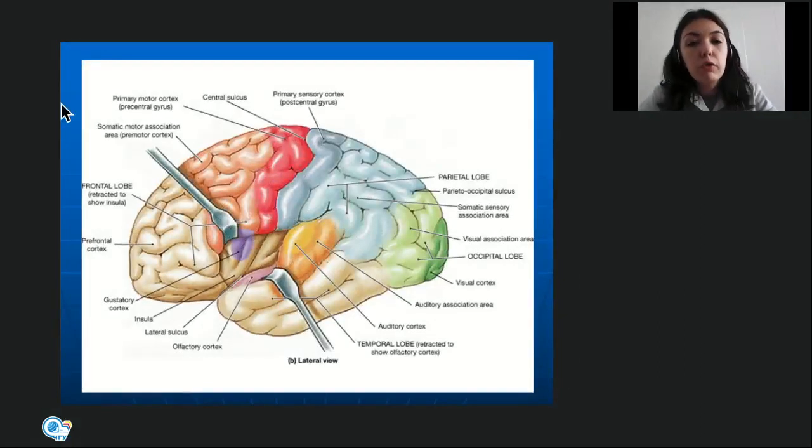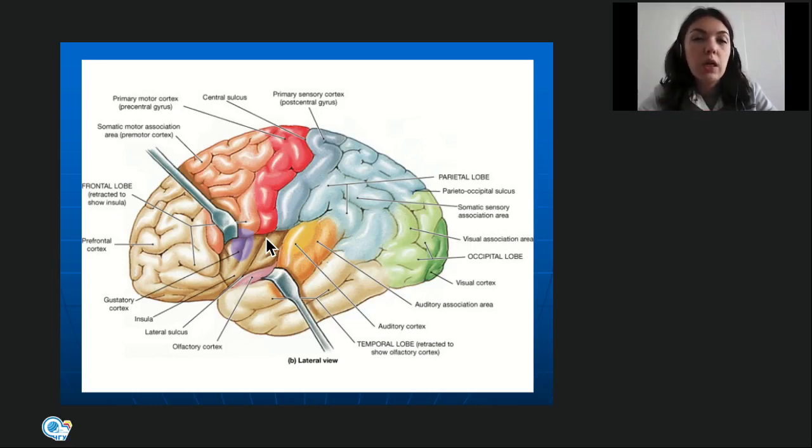So first of all, let's talk about these two main projectional centers in the cortex, which are located around the central sulcus. All the centers in the cortex are divided into projectional, which are formed during the intrauterine period, so they exist from the birth of a person, and associative centers, which are formed later with time. They do not exist in newborns.